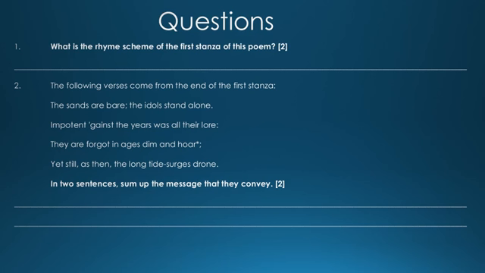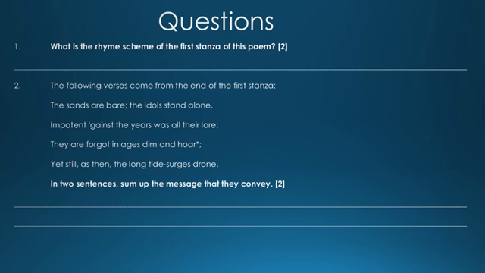2. The following verses come from the end of the first stanza. The sands are bare, the idols stand alone. Impotent 'gainst the years was all their law. They are forgotten ages dim and hoar, yet still as then the long tide surges drone. In 2 sentences, sum up the message that they convey.